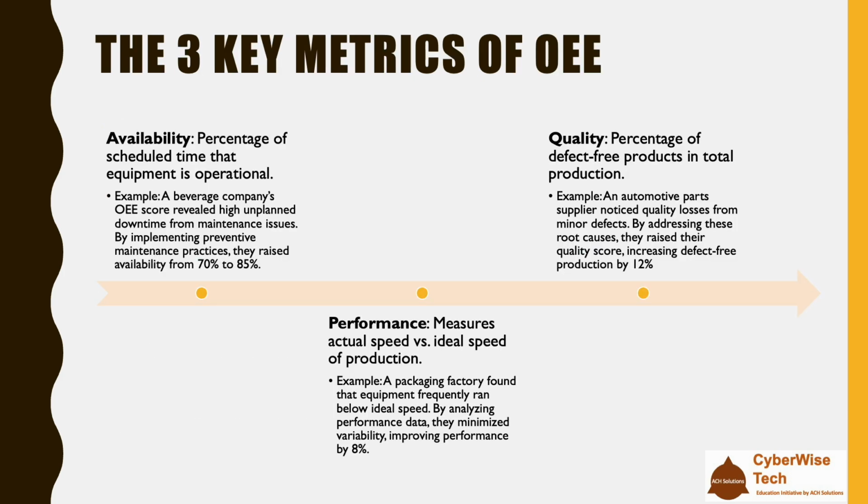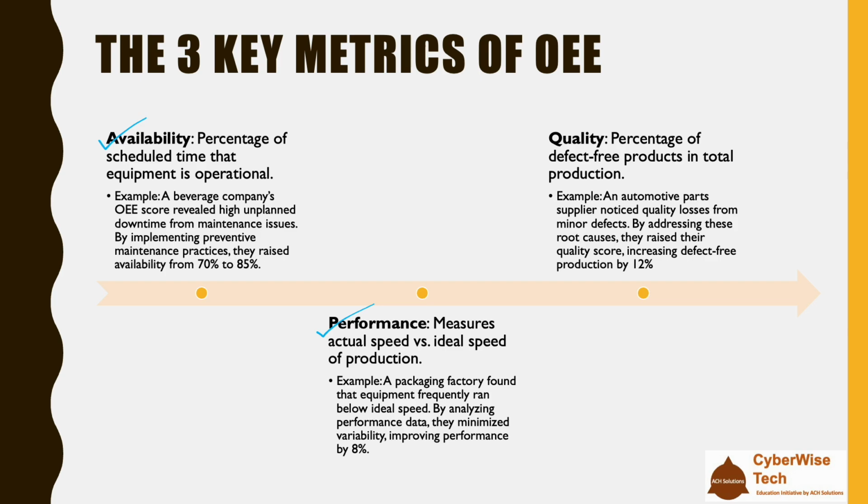Now OEE is built on three key metrics. The first is availability, which measures how much time equipment is actually running versus scheduled time. For instance, a beverage company boosted availability from 70% to 85% by implementing preventive maintenance. The second one is performance, which measures if machines are running at their ideal speed.